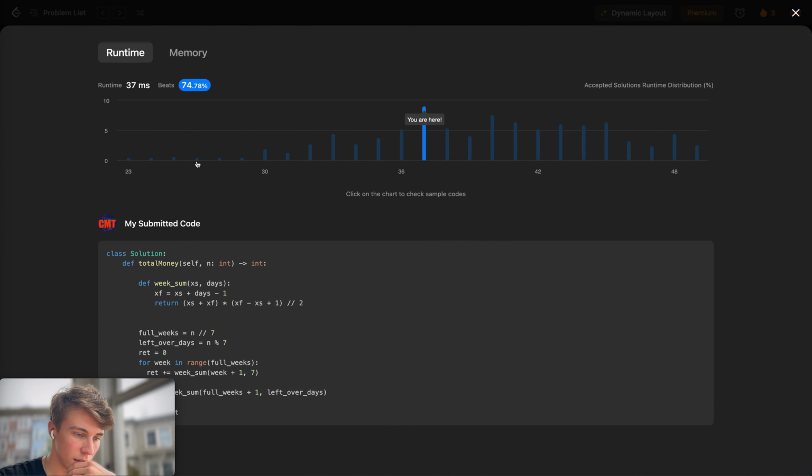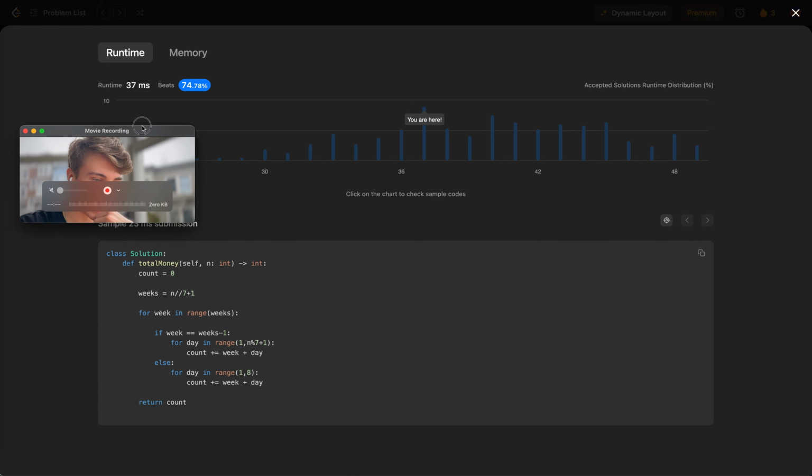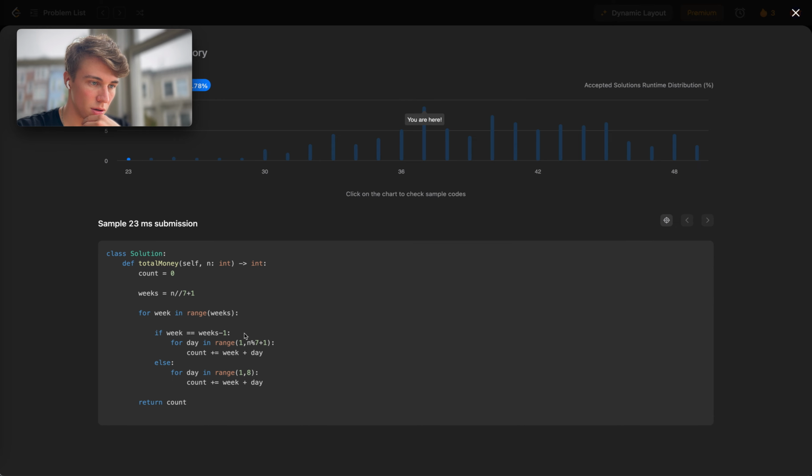Yep, definitely not the fastest. Let's look at what these guys are proposing. These guys are proposing that we have a count, which is just the amount of money accumulated.